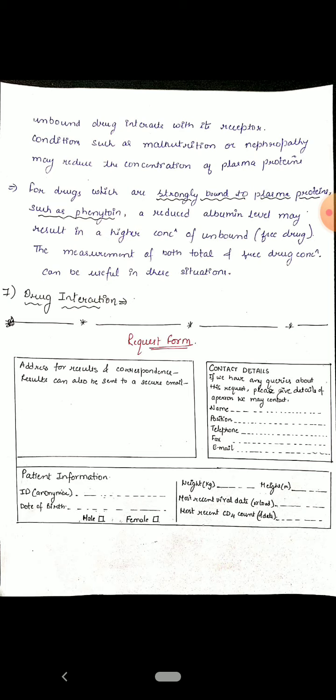For drugs which are strongly bound to plasma protein, such as phenytoin, a reduced albumin level may result in a higher concentration of unbound free drug. The measurement of both total and free drug concentration can be useful in this situation. And the next factor is drug interaction, which is the most important one.